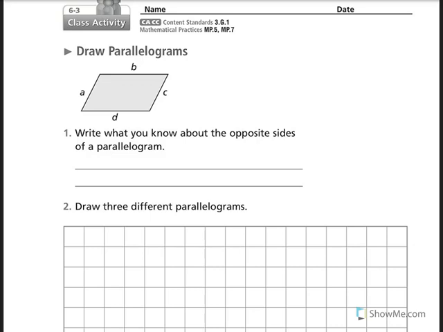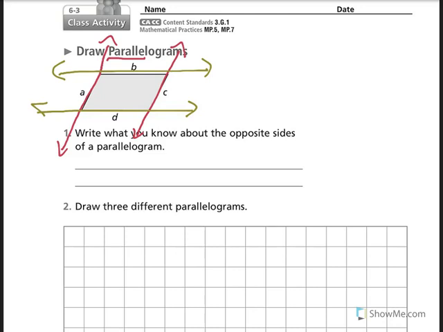quadrilaterals. So we're going to start off with parallelograms, and this is on page 325. Think about what you know about parallelograms. What makes something a parallelogram? It has parallel in it. Remember, this side, which is opposite from this side, side A is opposite from side C. If they continued forever, would they touch? And side B, side D, if that continued forever, would they ever touch?